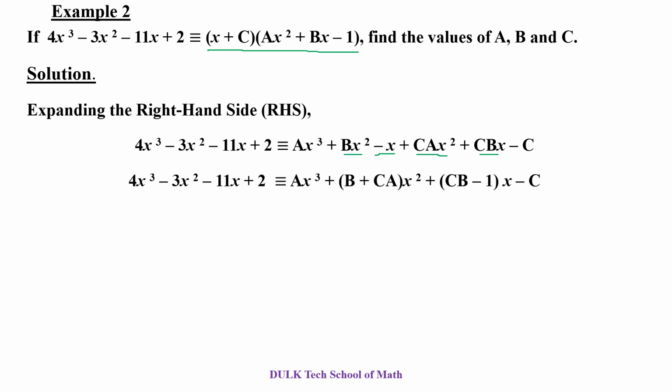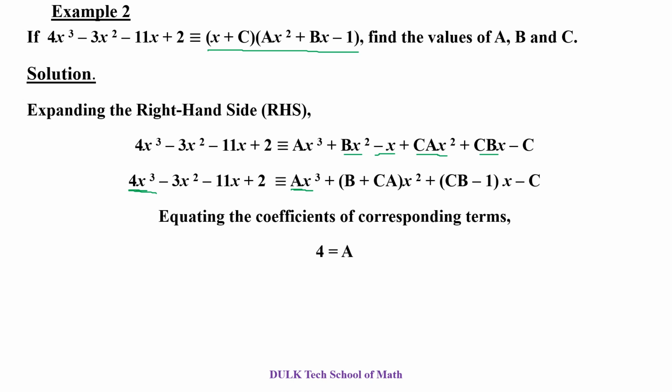Let's compare the coefficients. The coefficient of x cubed on the left hand side is 4. The coefficient of x cubed on the right hand side is a. So we are saying a is equal to 4 after equating the coefficients of corresponding terms. Likewise, let us equate the coefficients of x squared. The coefficient of x squared on the left hand side is minus 3.